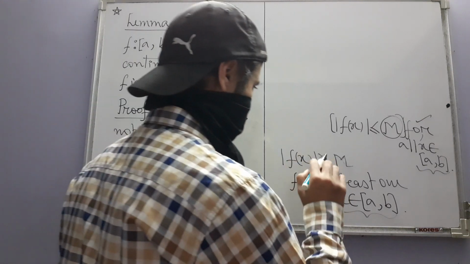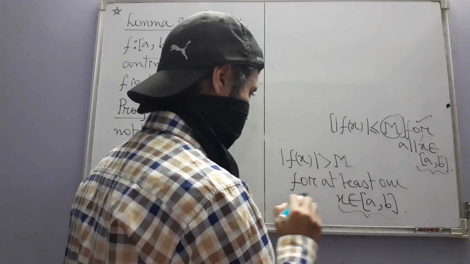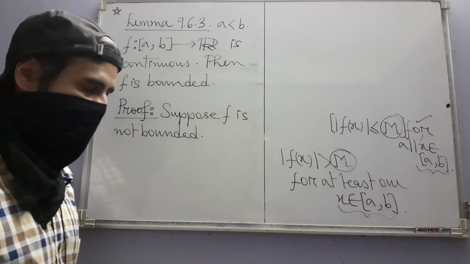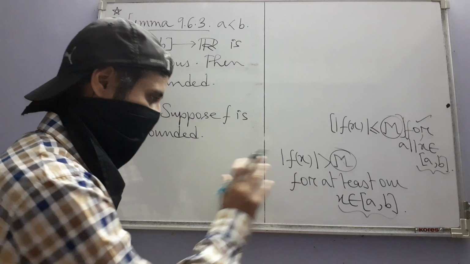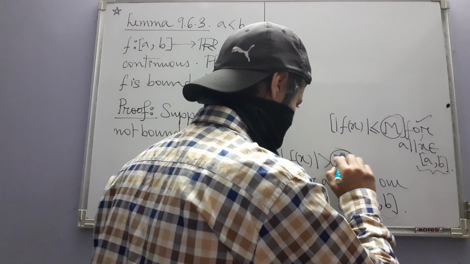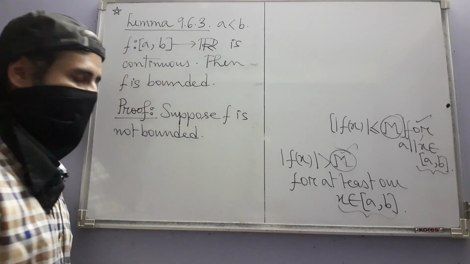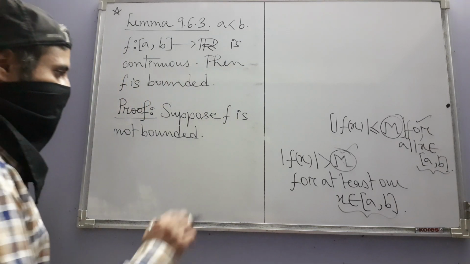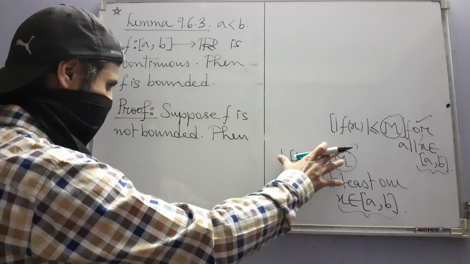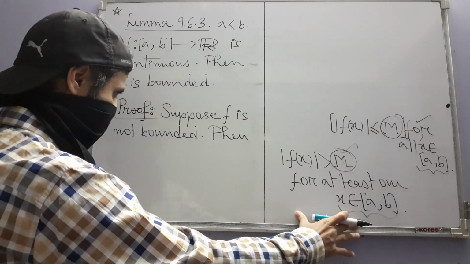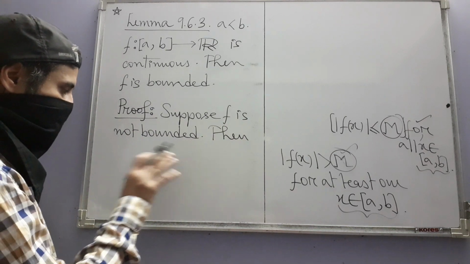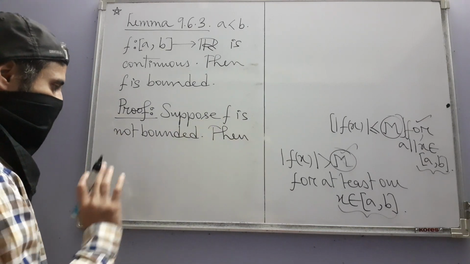Now what is it that we are having? For any real number m, this happens. In particular, for any positive integer n also this is going to happen. So I am directly writing this. Actually the author writes this in the proof, and then he is going to write something else for positive integers, but I am just directly writing this.